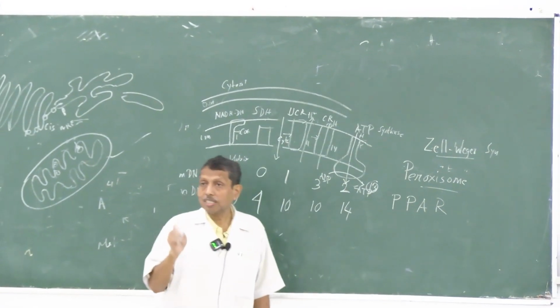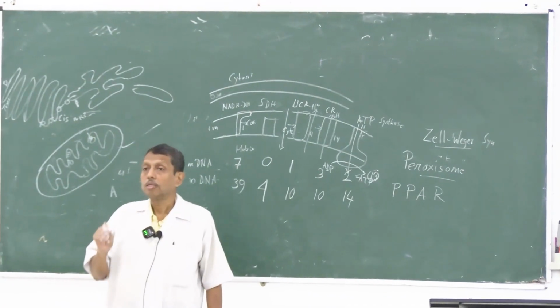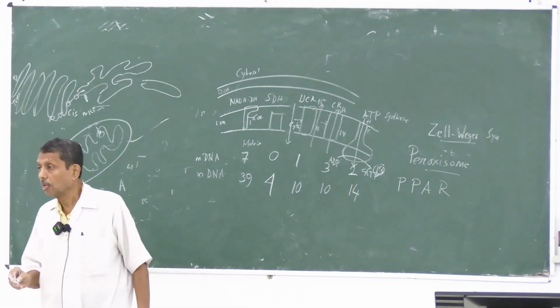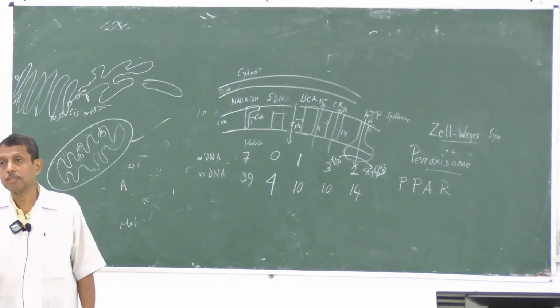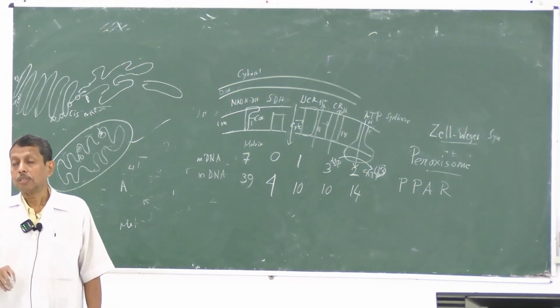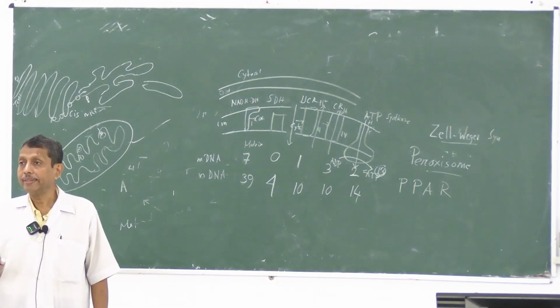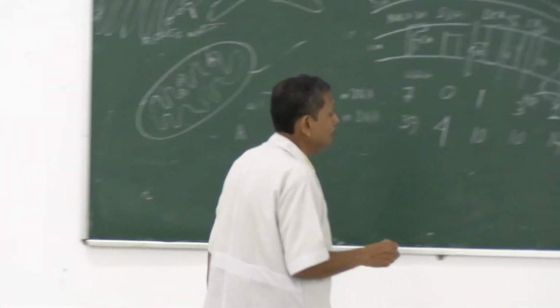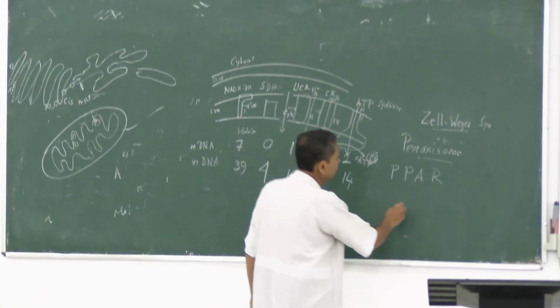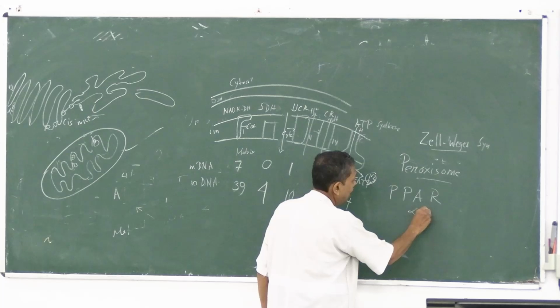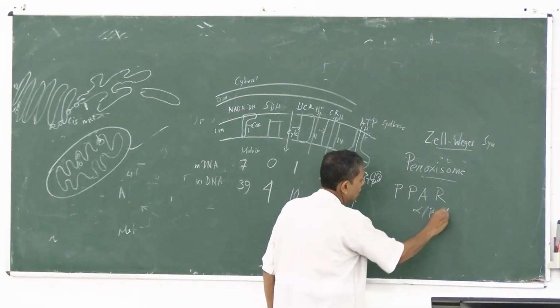Similar types of receptors are present for the steroid hormones, vitamin D and other substances, which can bind with the DNA. Some drugs act on them, and they are alpha, beta, and gamma.